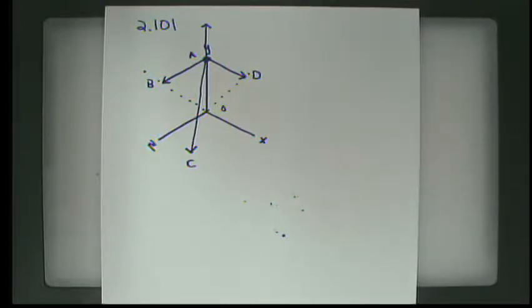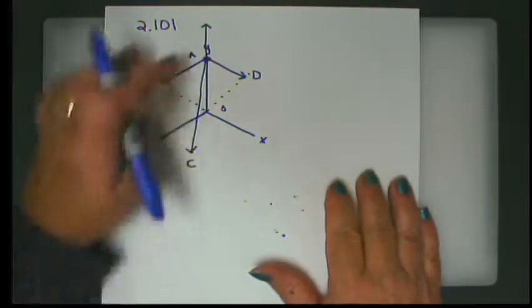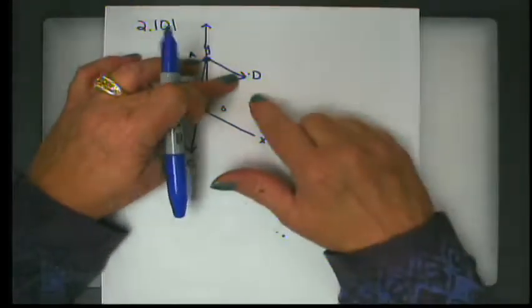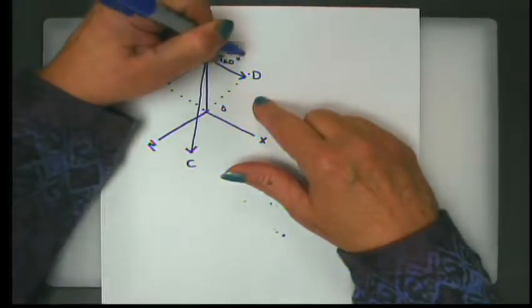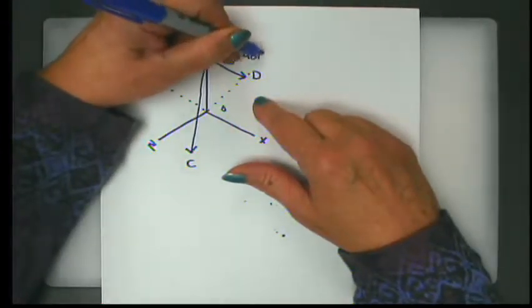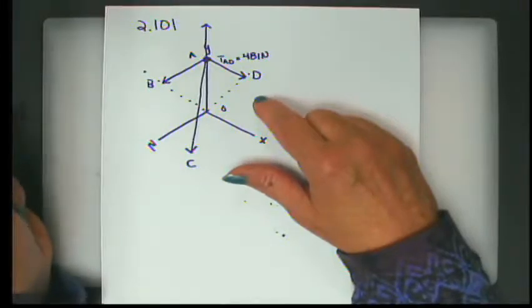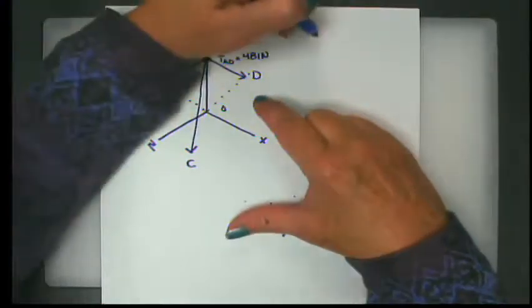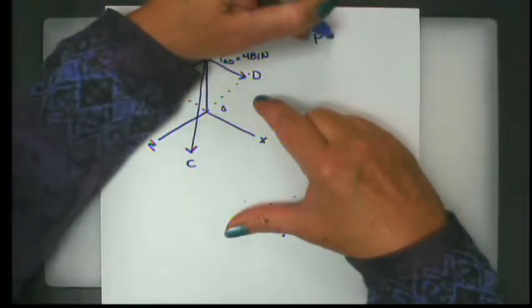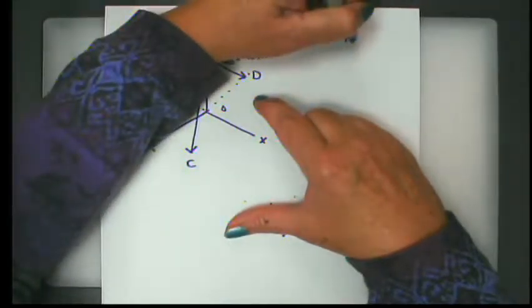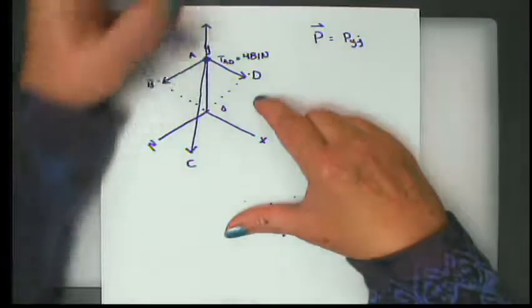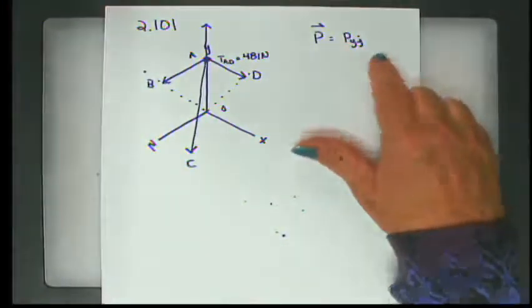We also know that the cable A to D right here has a magnitude, the tension AD, equal to 481 newtons. The question is, determine the vertical force P. We know that it's purely vertical, so it's just going to be a P sub y in the j direction, and that's what we're looking for in this problem.